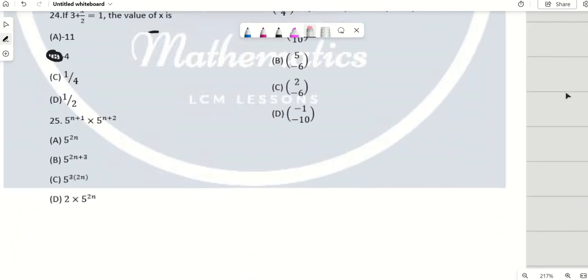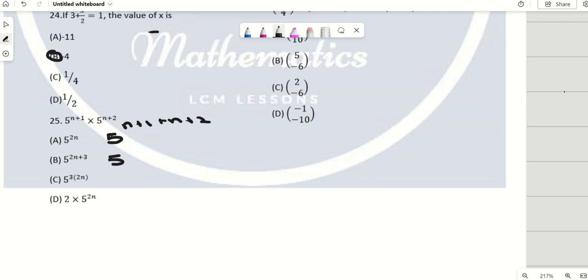Right? This one here, guys, this is just laws of indices. Laws of indices states that if your bases, in this case 5, are the same and you're multiplying, the powers are added. So this will be 5 to the power of n plus 1 plus n plus 2.